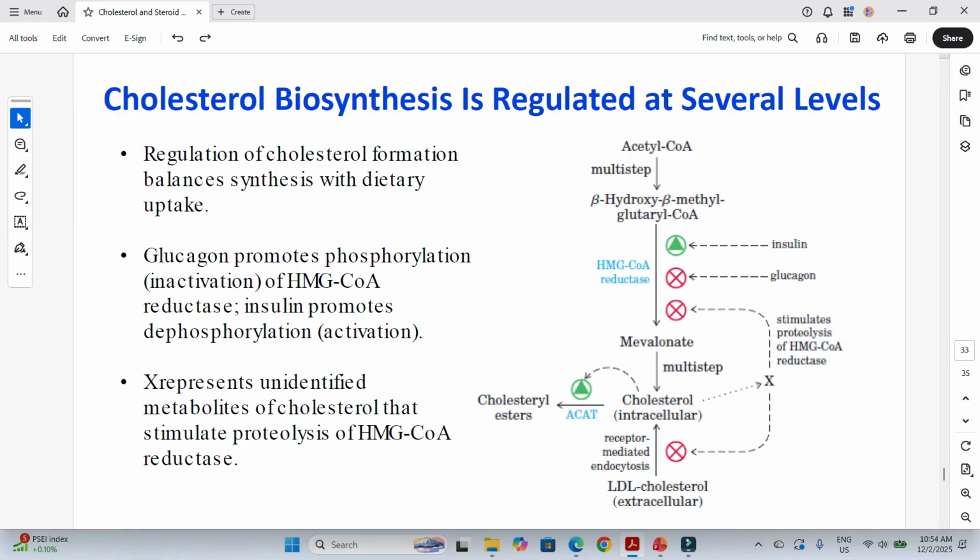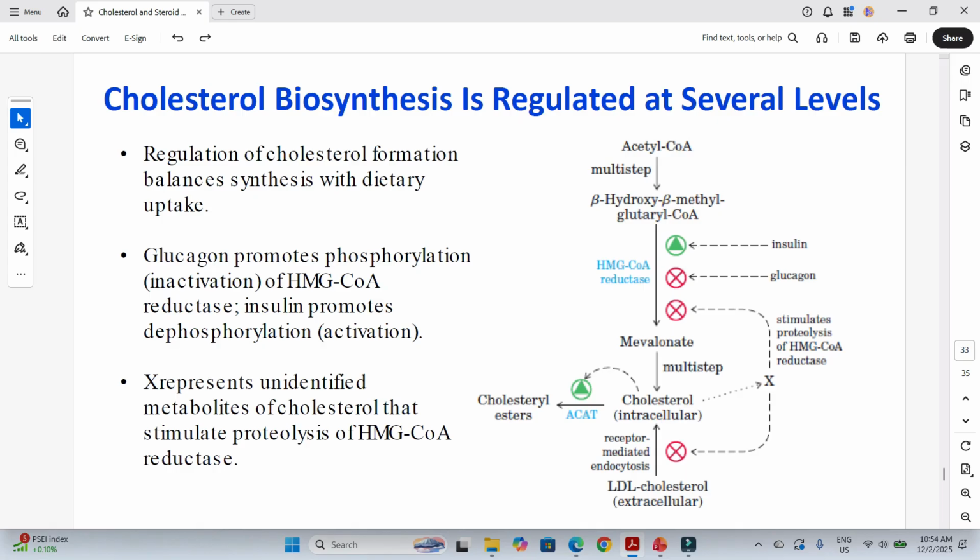What else? The interesting thing to note is that there is an unidentified metabolite or metabolites of cholesterol that, as mentioned here, stimulate the proteolysis of HMG-CoA reductase.